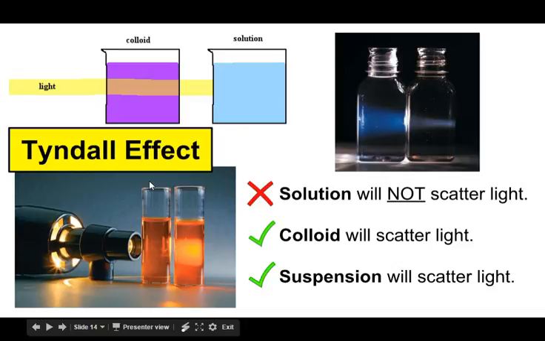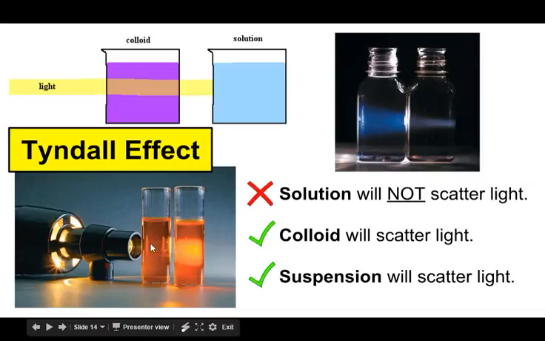Here's the Tyndall effect again. The light in a colloid is scattered. The light in a solution is not scattered. So in this picture, here is our solution, not scattered, and here is our colloid, scattered.